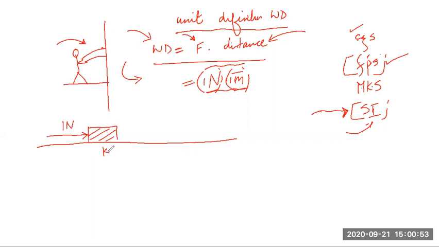And 1 Newton is able to displace a body till how much distance? 1 meter. Beautiful. If 1 Newton force is applied and it displaces a body by 1 meter, the work done is said to be anyone?